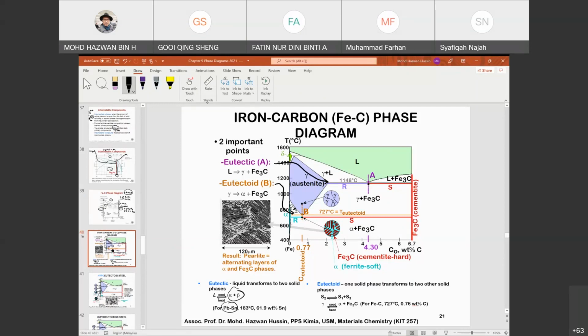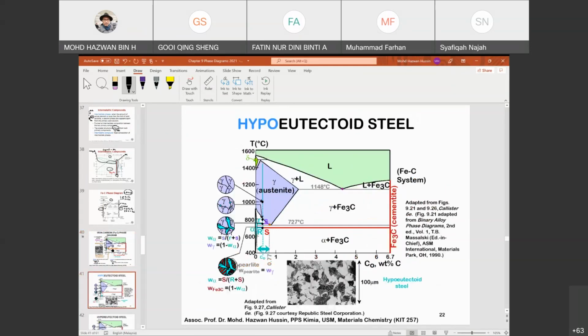But if we are referring to iron carbon, we are not going to use alpha beta because for the iron carbon phase diagram, alpha actually means something different. It means the ferrite, the one that has more iron, ferrite. Okay. So for iron carbon, we rather use gamma or austenite plus cementite. Okay.